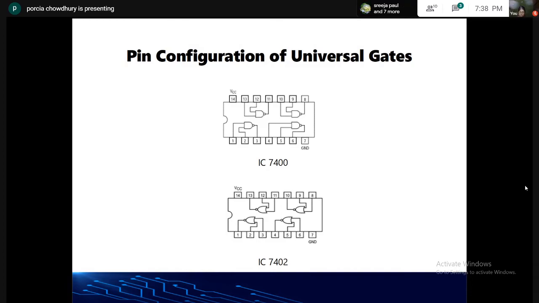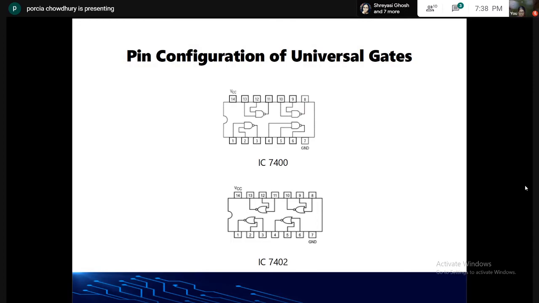Okay, so I have told you XOR: suppose X and Y are your input lines and Z is the output line. So Z equals X bar Y plus X Y bar. Can you tell me how the truth table looks? That means for 0 0, 0 1, 1 0 and 1 1, what output will we receive for the XOR gate?